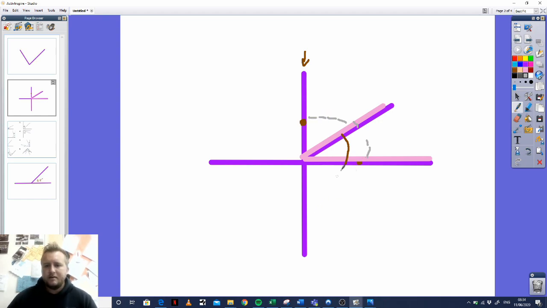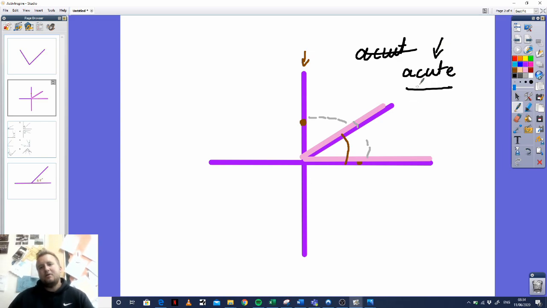It's smaller. So therefore, if it's smaller than 90 degrees, it is called, and I'm sure you remember this from year 4, acute angle. Acute. I always say, look at the word cute. If something's cute, it's usually small, so it's an acute angle. So that is a great way of remembering it.